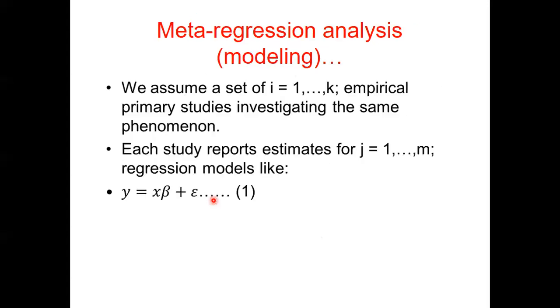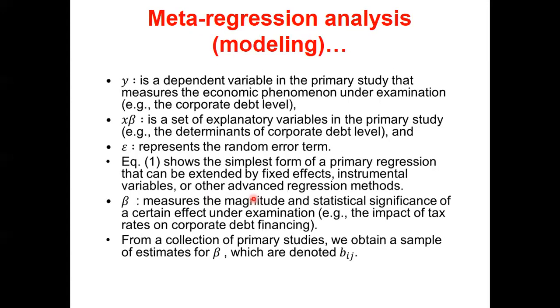So equation 1 is simply the simplest form. It could be complicated even more than that by adding more variables. But β simply measures the magnitude and the statistical significance of a certain effect under examination. So for example, the impact of tax rates on corporate debt financing would be captured by the beta in the regression.